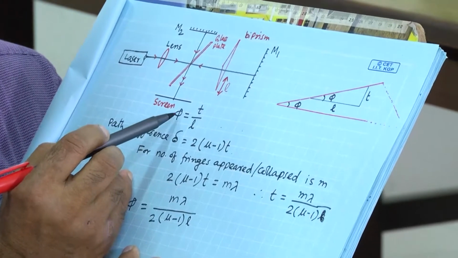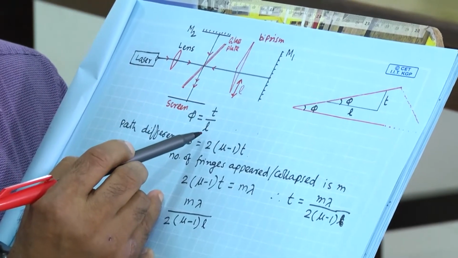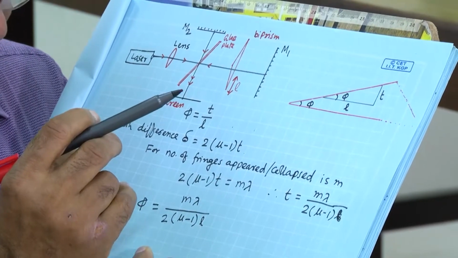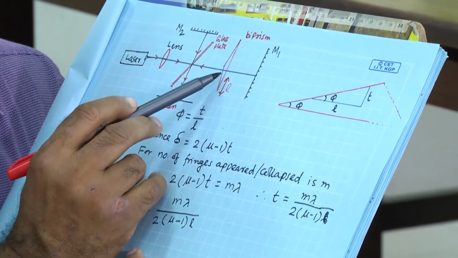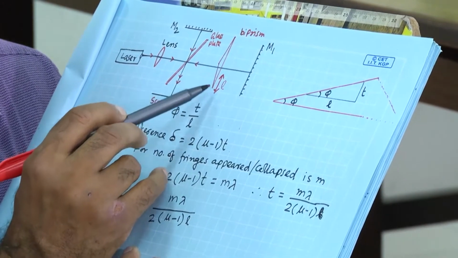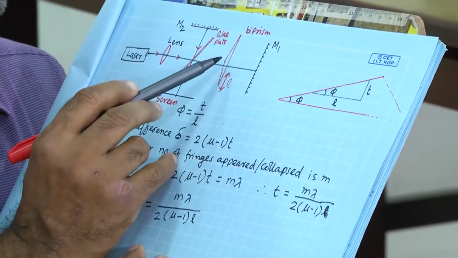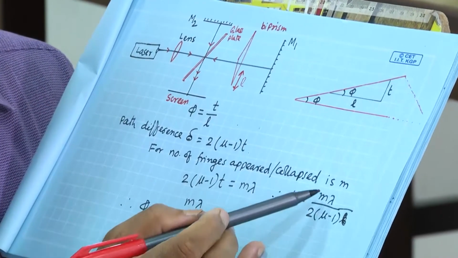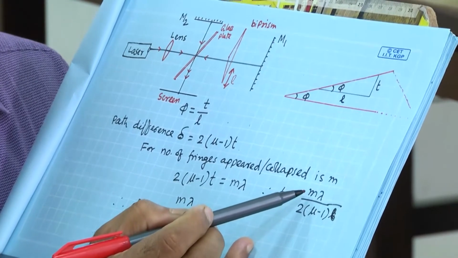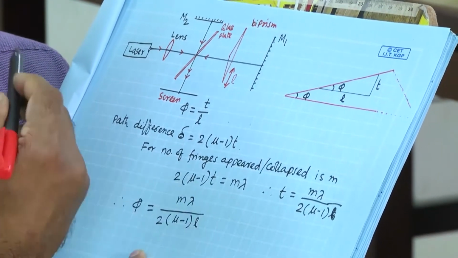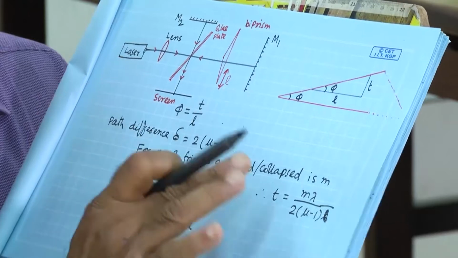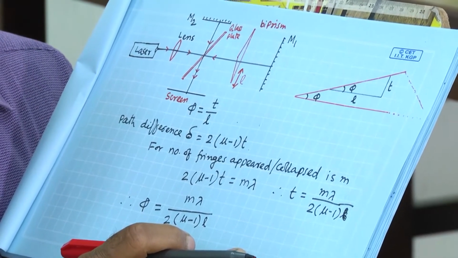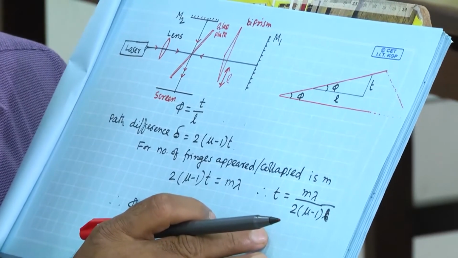That is why we have written phi equal to T by L. This T is basically because we are translating this biprism by L distance, and for that the change of the central fringe is m. That will be counted by appearing or collapsing of the fringe at the center.